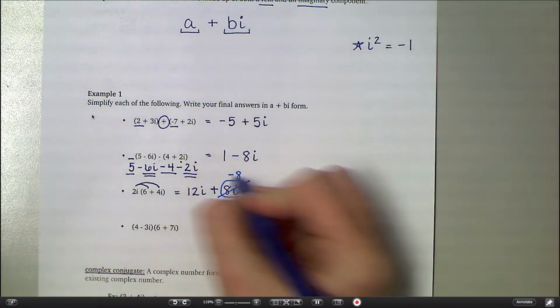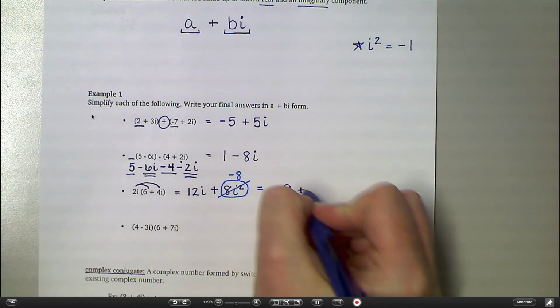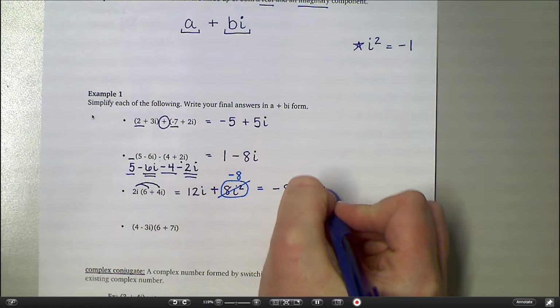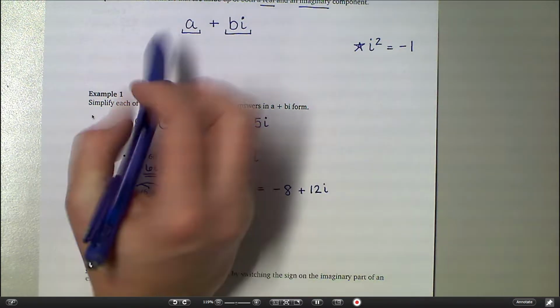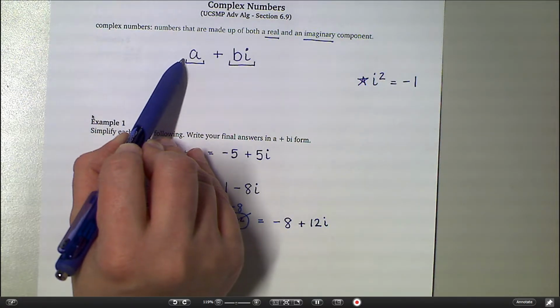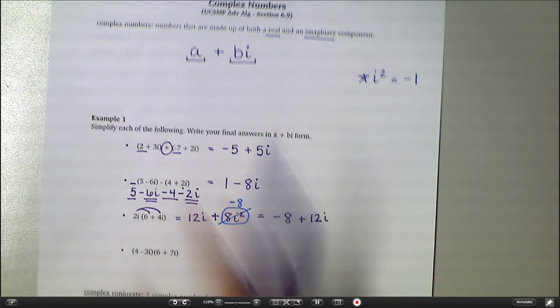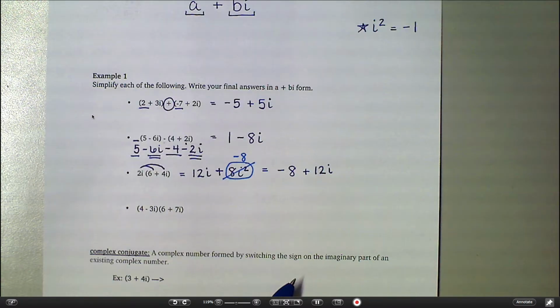But so the -8 is going first, and then plus 12i. And that's just the format we write these things in. We always put the real number first and then the imaginary number. You see this setup up here? You're going to see questions on your homework that say write this in a plus bi form. That's all this means, is to write it so that it looks like this. Okay?